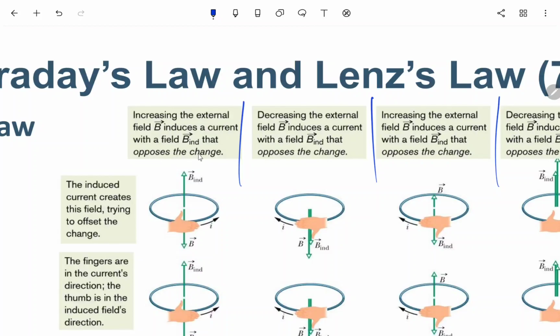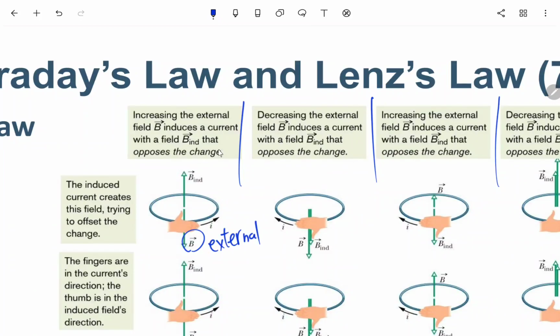Okay, so originally we assume that we have a B field, which is the external, which is generated externally. 就是外面有一个什么东西，它产生一个电场 B，是外面产生的，跟这个圈无关。然后这个 B field 是在增强的，而且是指向下面。Okay, pointing downward and increasing B field.